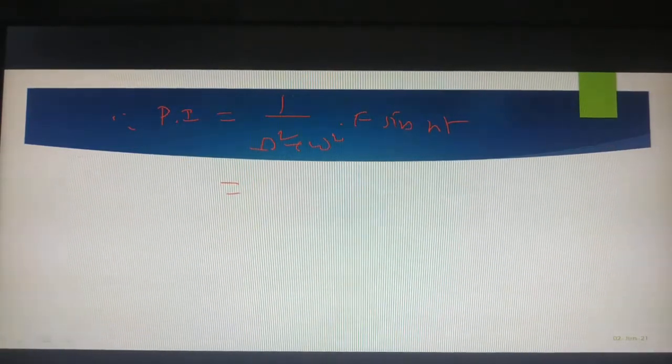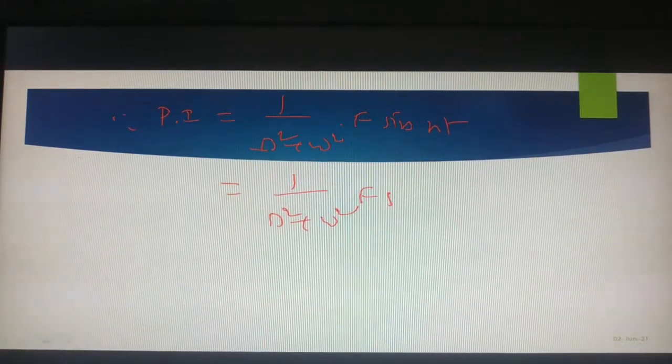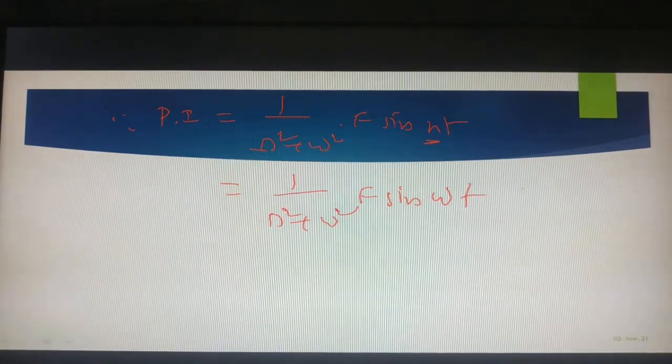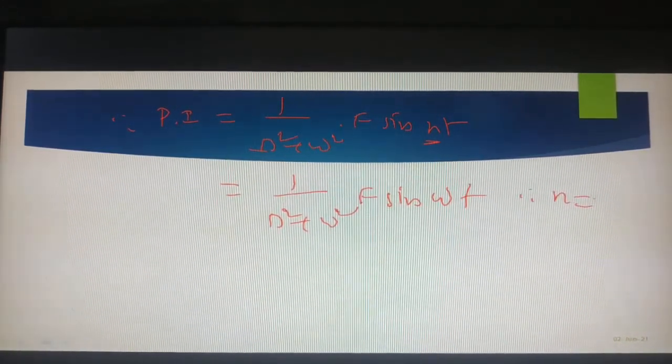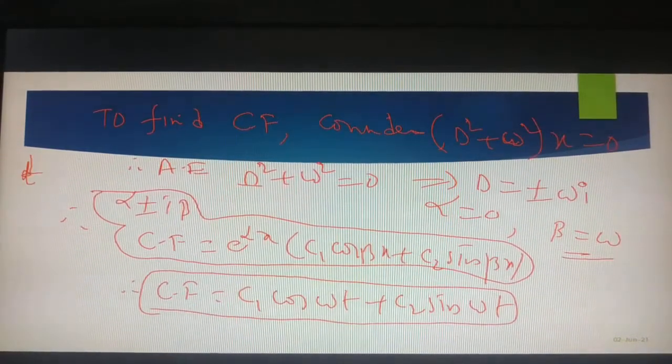So this is 1 by D square plus omega square into F sin wt, since n is equal to w, as given in the problem itself.